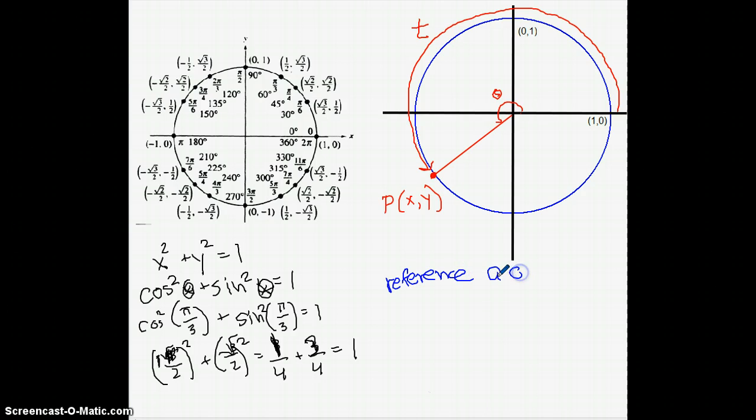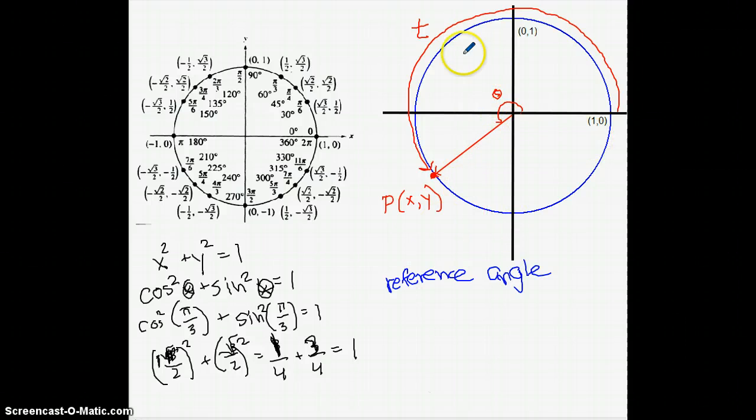Now, reference angle is as follows. What I'm going to do is draw an arrow on here, and we'll keep this in red.